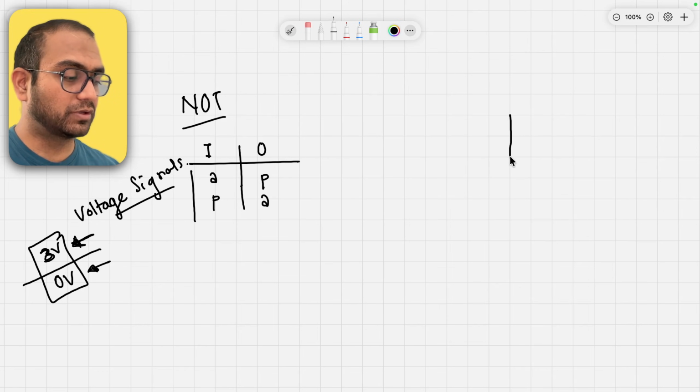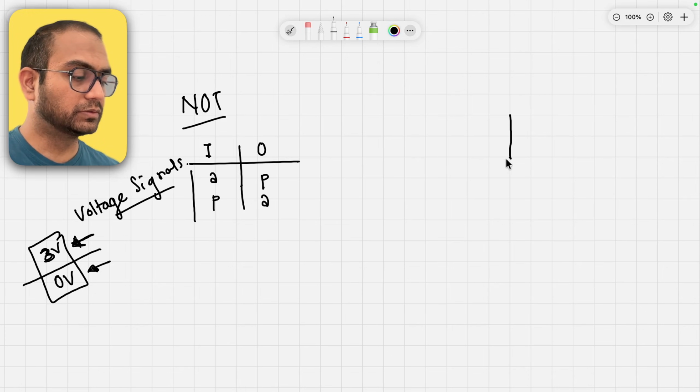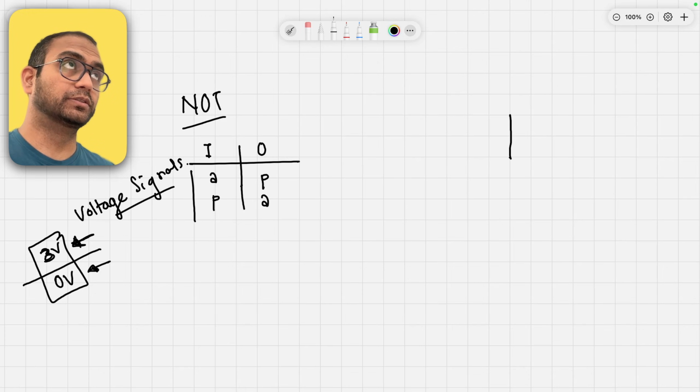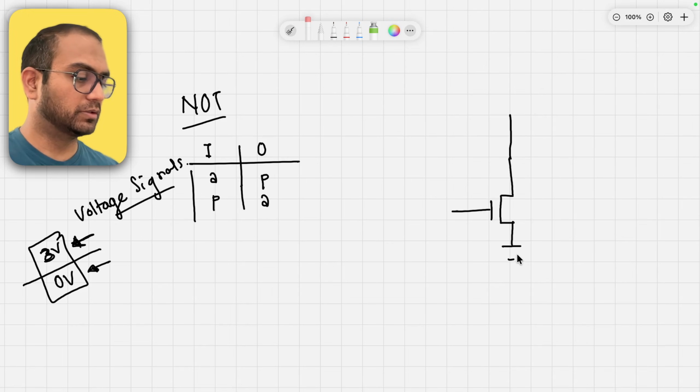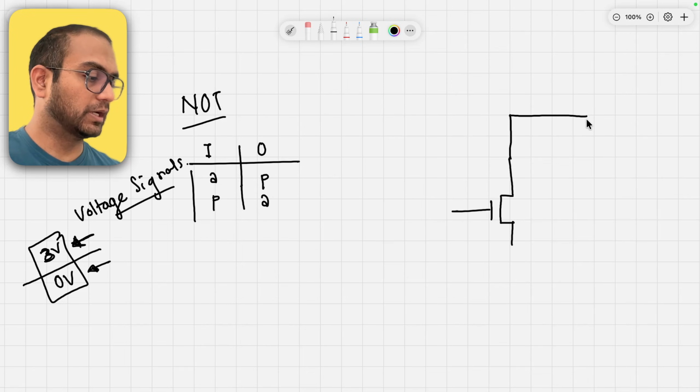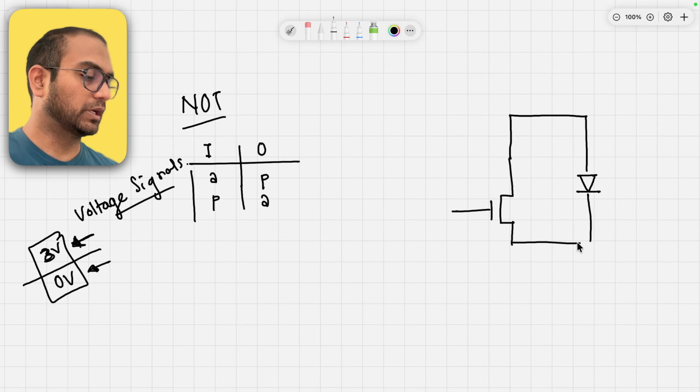So if I were to draw a circuit like so, actually let me draw a really simple circuit, meaning all parts of it, and let's have a diode here.